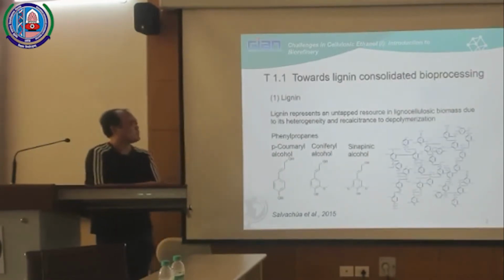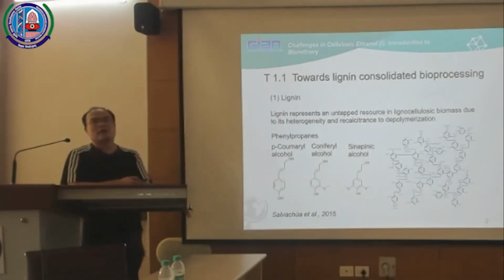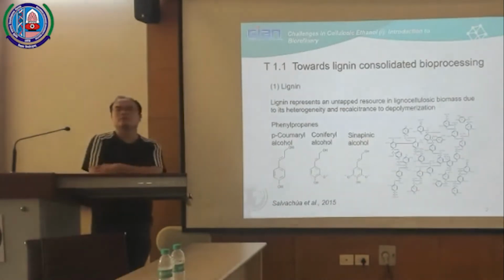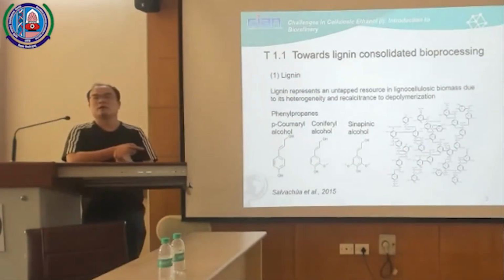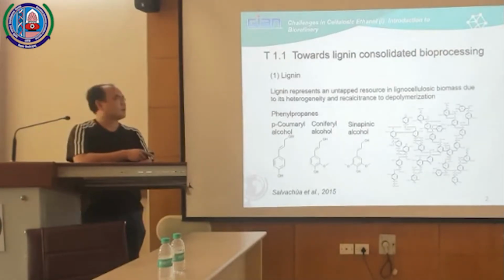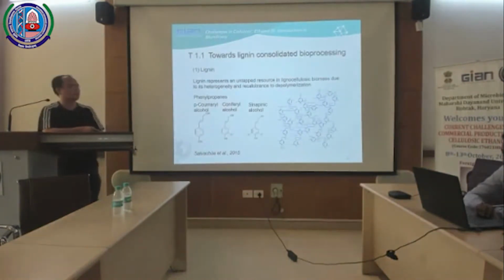First, let's take a look at the structure of lignin. Lignin is totally different from polysaccharides. For polysaccharides, there are repeat units, monosaccharide units. But for lignin, it is much more complicated.